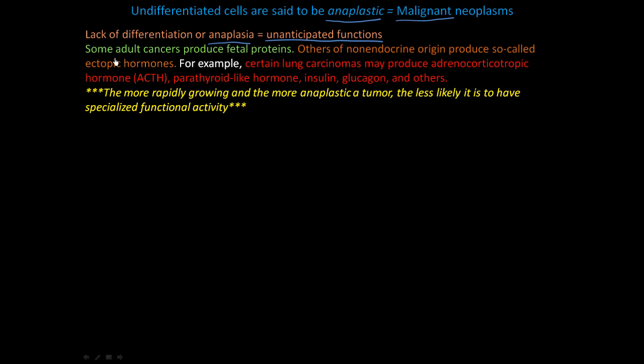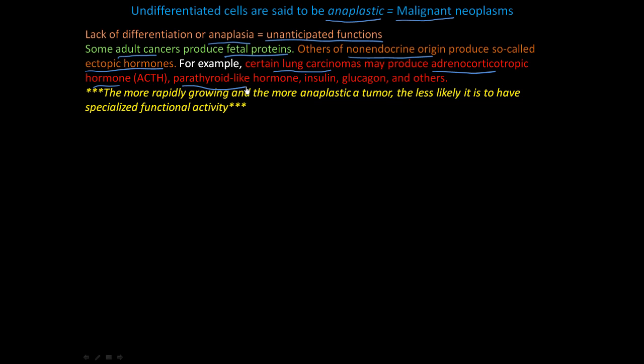So for an example, some adult cancers produce fetal proteins. Now that's bizarre. These adult cancers that produce fetal proteins, you describe them as lack of differentiation or anaplastic. Others of non-endocrine origin produce so-called ectopic hormones. For example, certain lung carcinomas produce adrenocorticotropic hormone, ACTH.